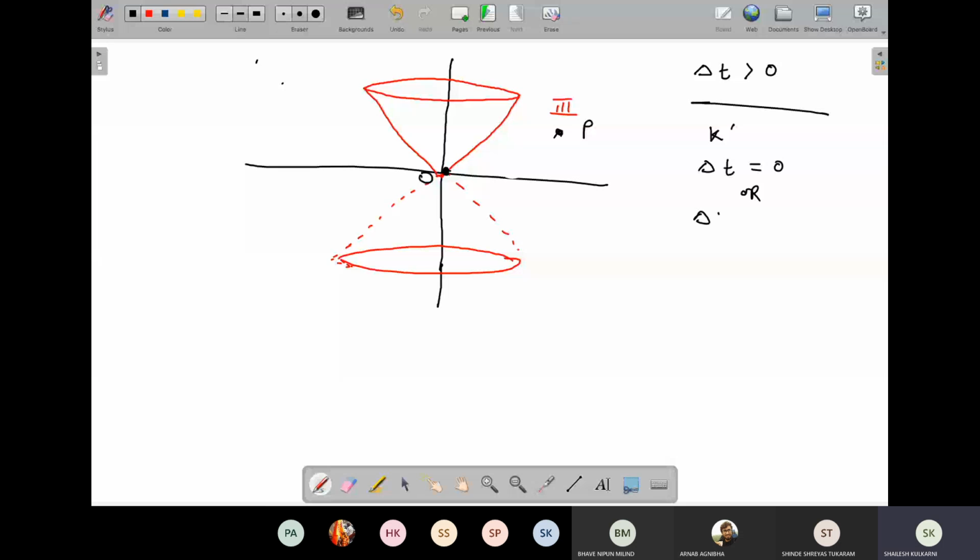Why is that? Because in 3 dimensions, we don't have to cross this cone. You can go from this point to this point without crossing the cone.